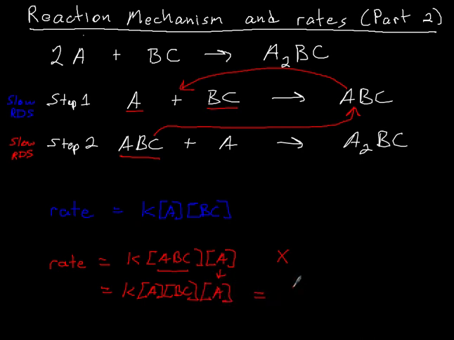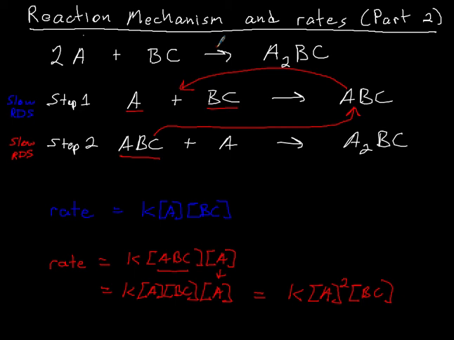And so that gives us a new rate expression, K, A to the second, BC. And so A is a second order reactant in this reaction if step 2 is the rate determining step. Okay, and so that's how you handle determining the rate expression if you're given a reaction mechanism and you're told which reaction step is the slow step. Then you don't have to do any math to find the rate law of the reaction.